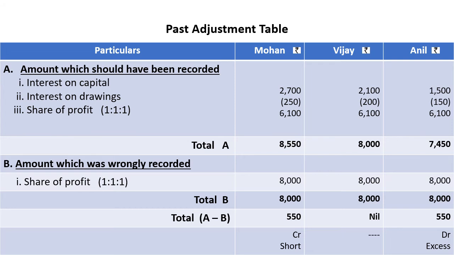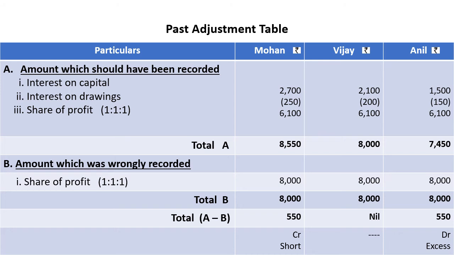Interest on drawings, Mohan 250, Vijay 200 and Anil 150, and share of profit equally 6,100 each. So we have to write total A first. So we have to add all the positive items and deduct the negative items. So Mohan will get 8,550, Vijay will get 8,000 and Anil will get 7,450.